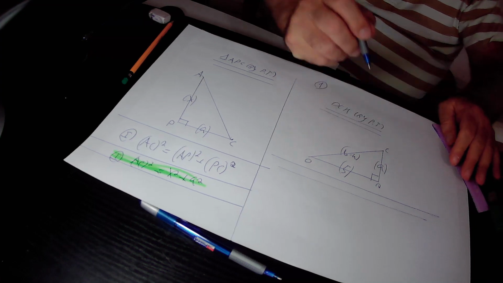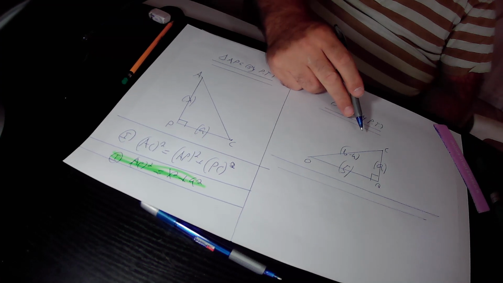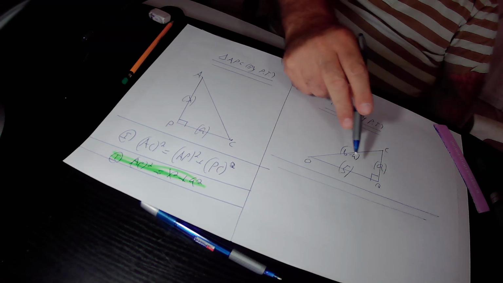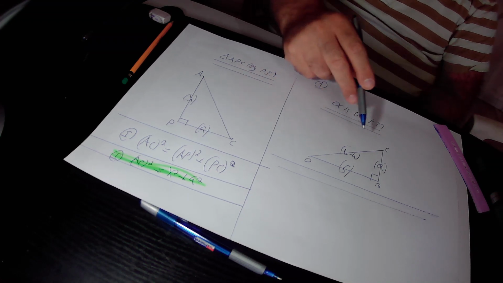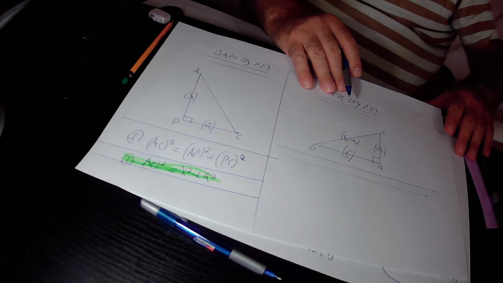In this right triangle OCQ, OC squared, that is the square of the hypotenuse, must be equal to CQ squared plus QO squared. Again, OC squared equals CQ squared plus QO squared. So I write it down.